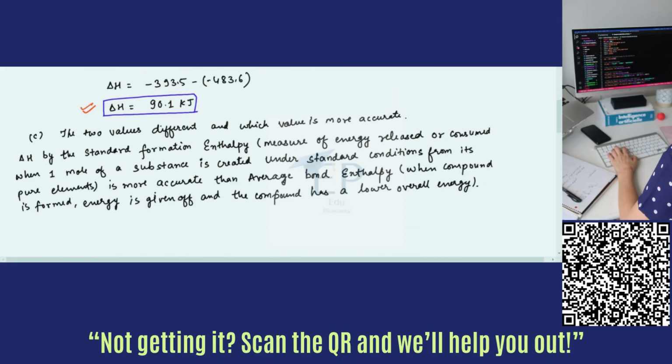Now thirdly, it is asked why the two values are different and which value is more accurate. So ΔH by the standard formation enthalpy is actually the measure of enthalpy energy released or consumed when 1 mole of a substance is created under standard conditions from its pure elements.